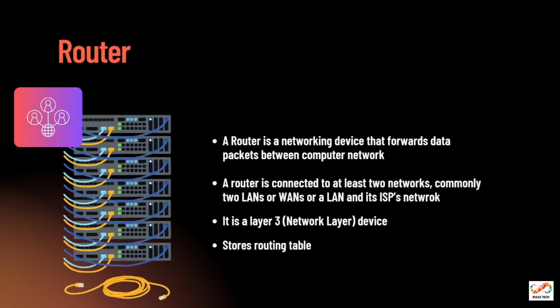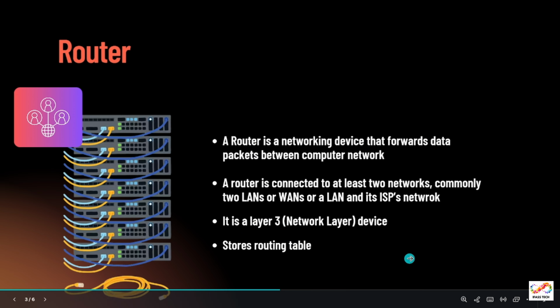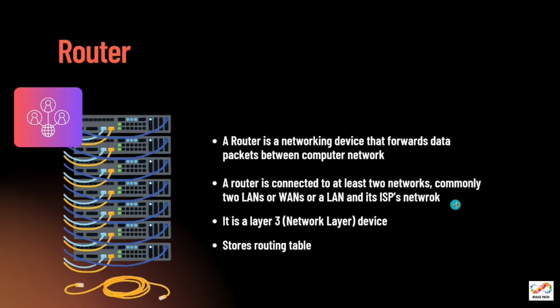A router is a layer 3 device because it operates at the network layer. Both devices have memory. A switch stores a MAC address table, a router stores a routing table. A switch makes forwarding decisions using MAC addresses. A router makes forwarding decisions using IP addresses.